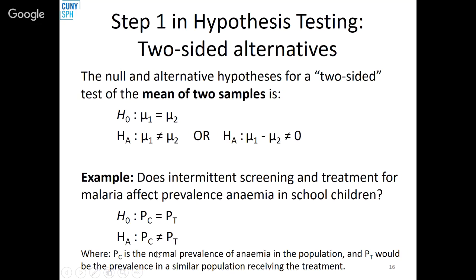And the alternative hypothesis here is that these two prevalences are not equal. And you'll notice that I did not make this an inequality, which would have made this into a one-sided test. My alternative hypothesis is not that the prevalence in treated schools is less than in control schools. There are very limited situations where we would actually use a one-sided test.